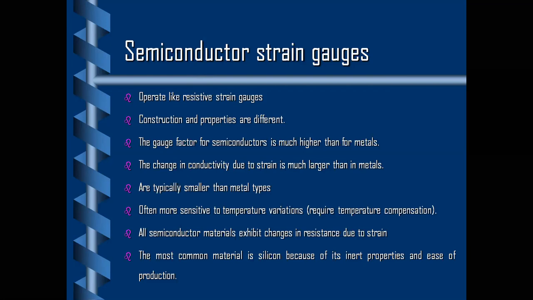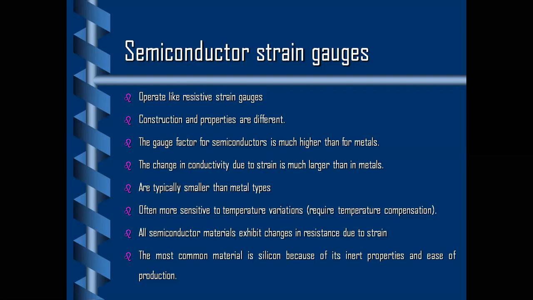The gauge factor for the semiconductor strain gauge is much higher compared to that of the metal strain gauge, and that is the advantage. As I have specified, the gauge factor lambda is the term we are interested in, and it should be higher.